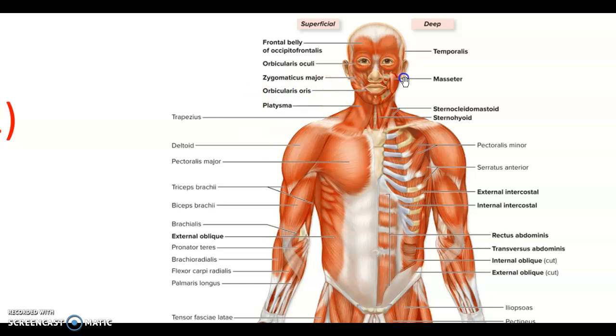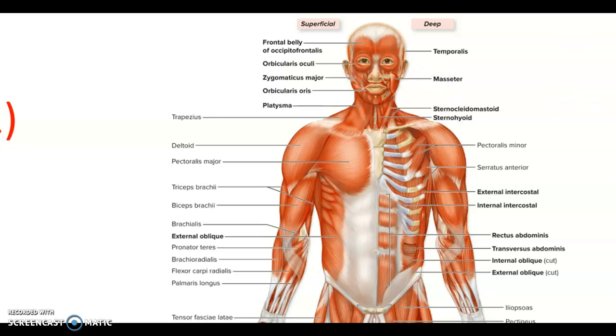The orbicularis oris, so that's the mouth, muscles around the mouth. The platysma, which is right here. Sternohyoid. This one you should know, the sternocleidomastoid. The masseter, right here, and the temporalis, right, on the temporal lobe.